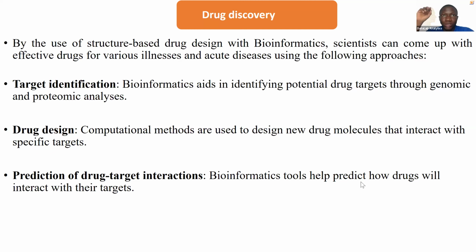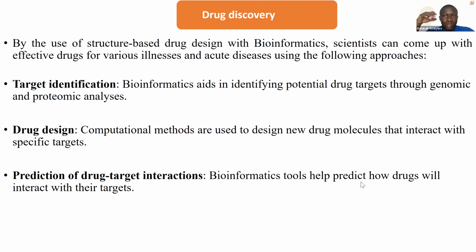I just want you to know that whenever a scientist or drug researcher wants to develop a candidate drug, they need to see the target point of that drug. So with the knowledge of bioinformatics, we can easily and quickly identify potential drug targets using some omics analysis, basically genomics and proteomics.